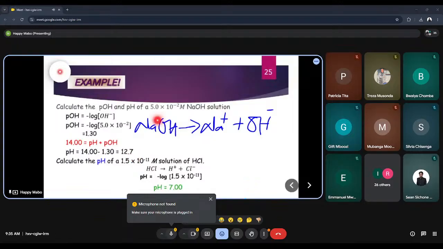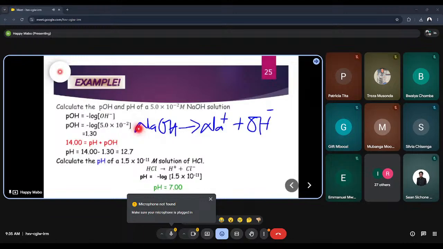If for some reason you forget that you're supposed to use this relationship and you report the pH of a basic solution as being equal to 1.30, the answer would be wrong. Because this is a basic solution, you don't expect the pH to fall in the range of a strong acid. Recall how we had interpreted the pH scale.